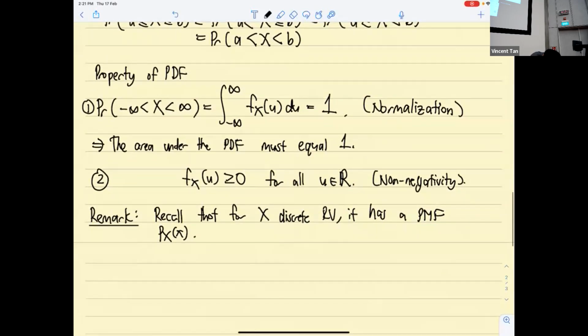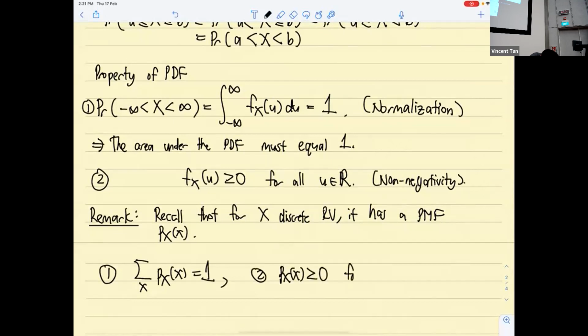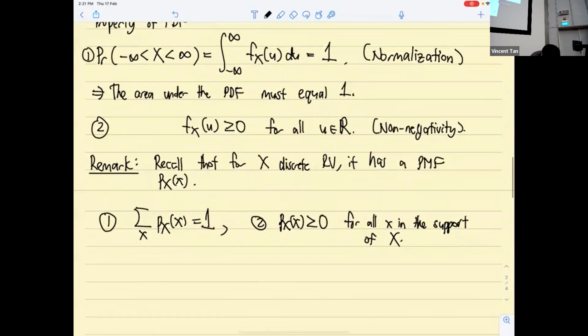Some of the properties are very much analogous to the continuous case. First and foremost, you sum up all the probability masses, just as we have done in the tutorial, and you need to get 1. And number 2, the probability mass function ought to be non-negative for all x in the support of X. These two look very much similar.